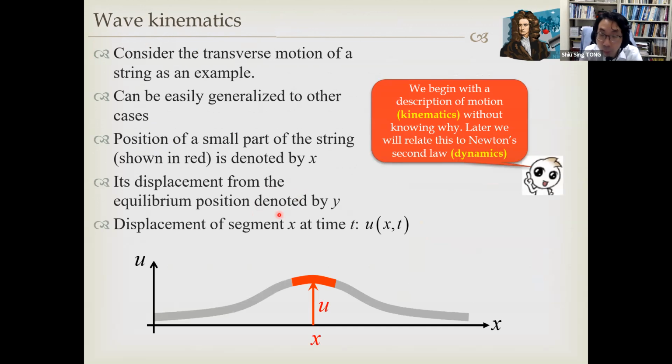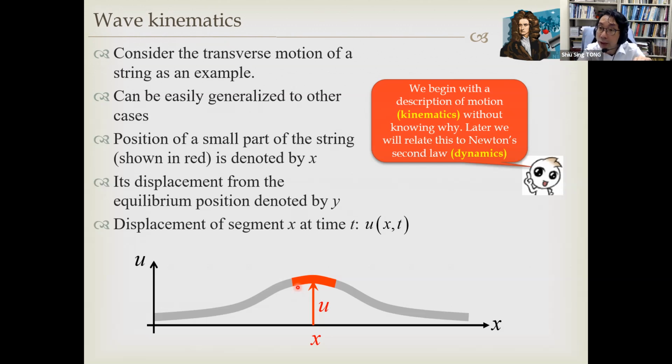Now let's describe the wave kinematics. Let's now learn the language to describe waves. We actually confine ourselves to the simplest problem. We consider a taut string, a string that is pulled at both ends with a tension, such that it is taut.